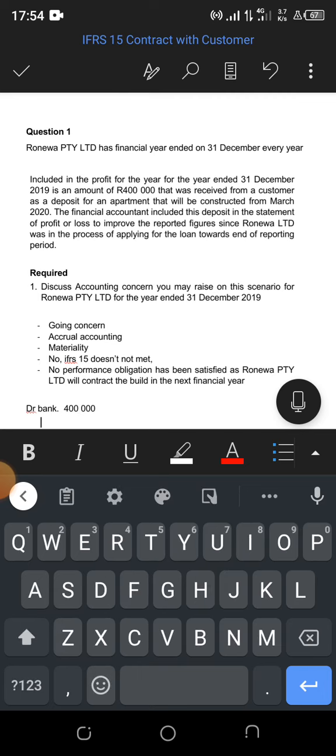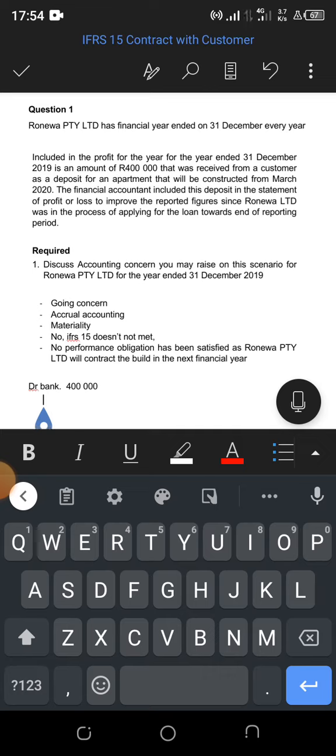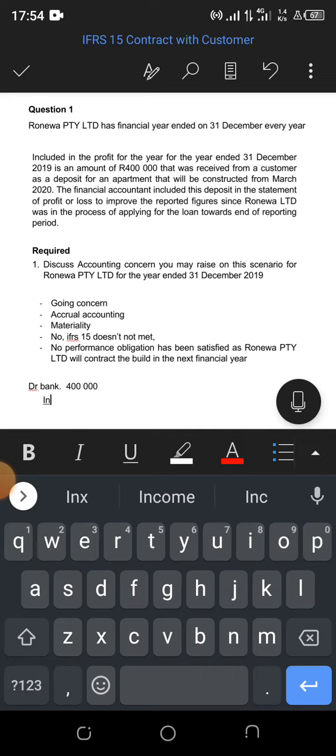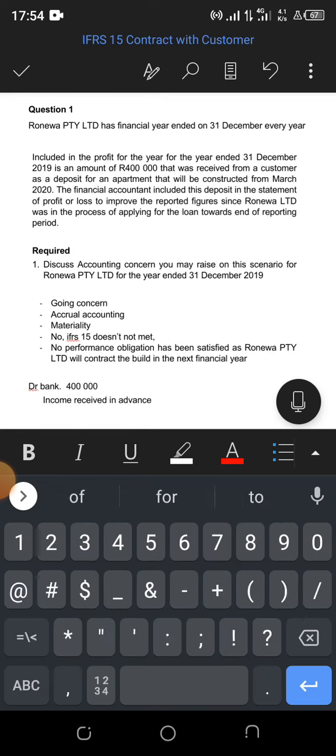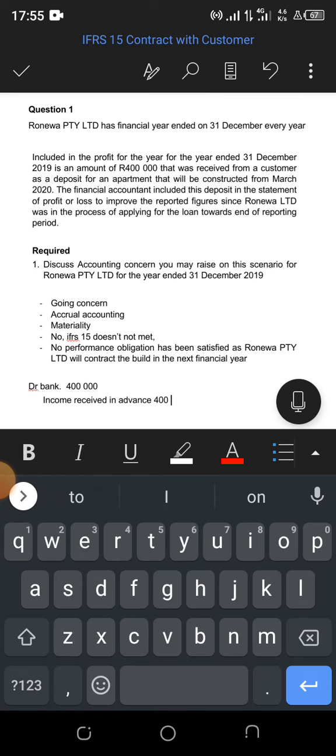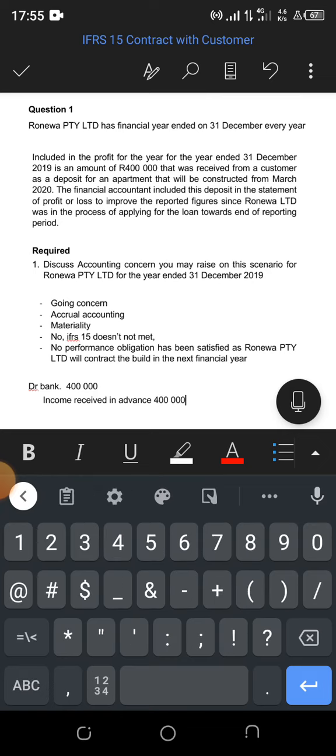After that, they were not supposed to recognize revenue, but to recognize income received in advance. Remember, we haven't delivered anything, but we received the money that we are going to perform for next year, which means that it's income received in advance.